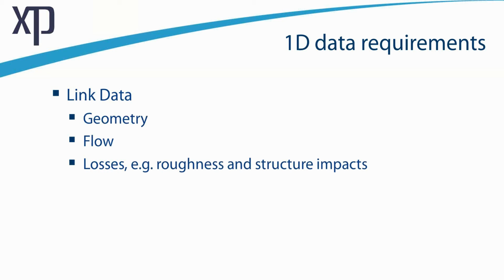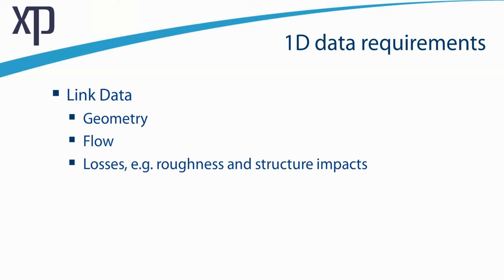Link data requirements relate to, again, geometry, and in this instance, by joining two nodal elements, we would need to understand the upstream and downstream invert elevations, and again, details that relate to the ground. So in a riverine system or a creek, we would want to understand bank situations to determine whether or not flows move into a floodplain or over a side weir or any other structure.